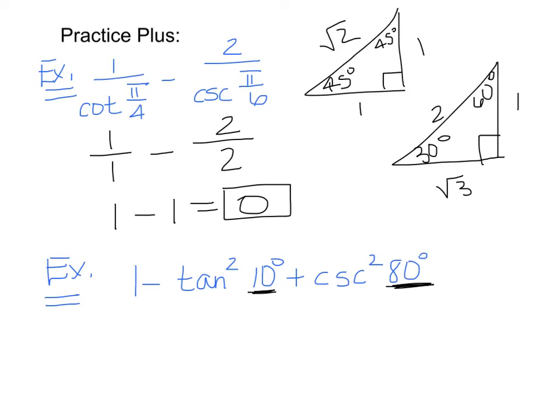So automatically I think about a cofunction. So I know that the cofunction of tangent squared would be cotangent squared. And I know that they have to add up to 90, so this had to be 80 degrees.